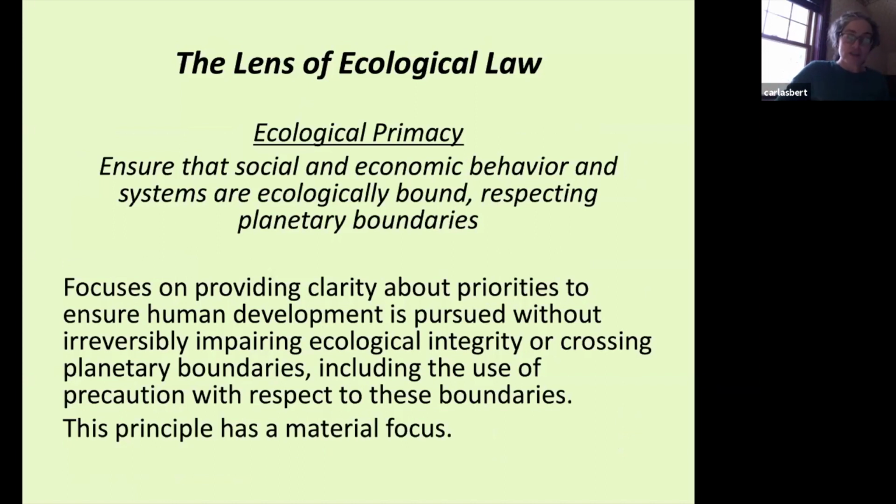The function here of the law that this principle focuses on is providing clarity about priorities, in order to ensure that any human activities that are pursued are not going to irreversibly impair ecological integrity, or cross planetary boundaries.